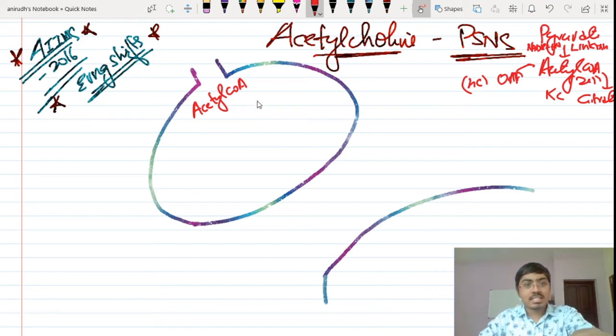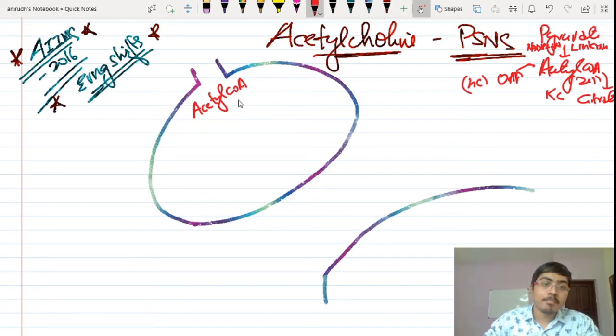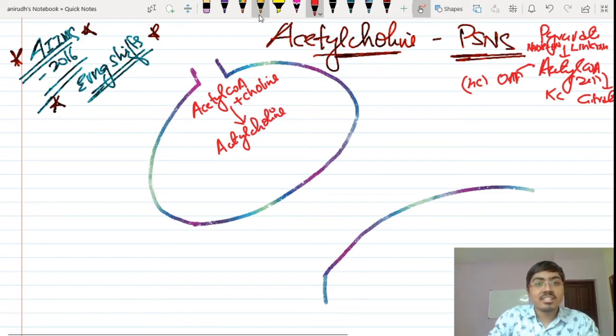So, the same acetyl coenzyme A is present over here in the presynaptic membrane. This will combine with choline, right? Acetyl coenzyme A plus choline will give you acetylcholine. What is the enzyme?